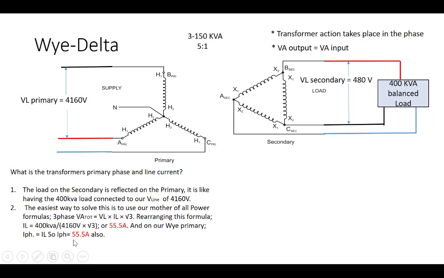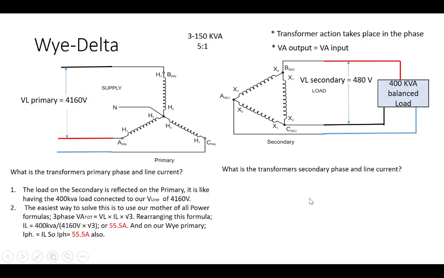So to rearrange this formula, my I line will be my 400 kVA divided by 4160 times root 3. When we do that, we find our primary line current is 55.5 amps. And in a Y, phase current equals line current, so the phase current is also 55.5 amps.